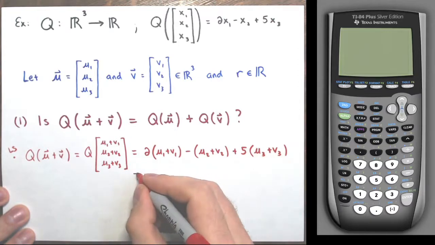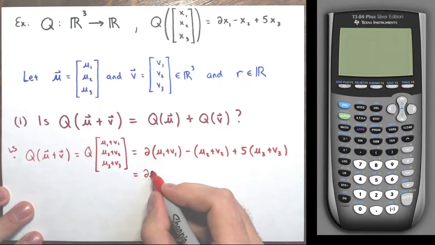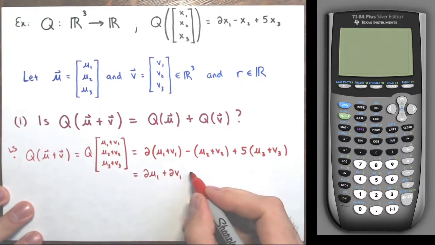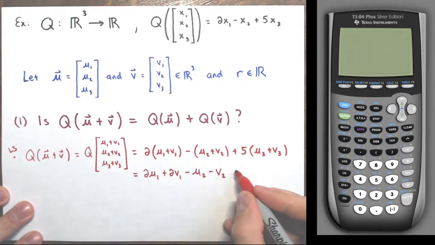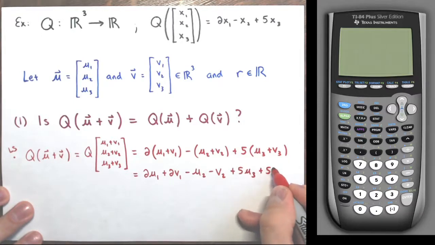If you'd like to simplify that, distribute and get rid of parentheses: 2u1 plus 2v1 minus u2 minus v2 plus 5u3 plus 5v3.